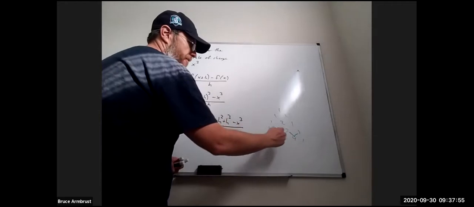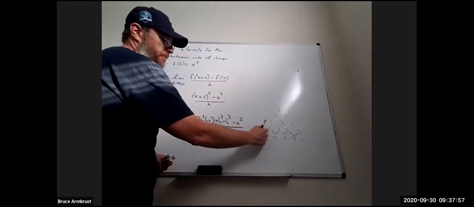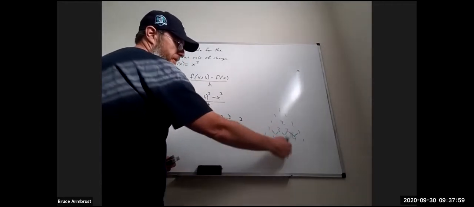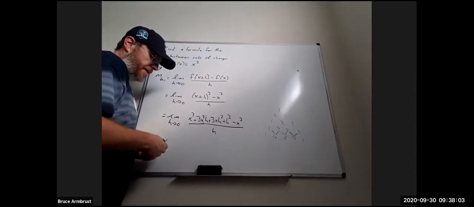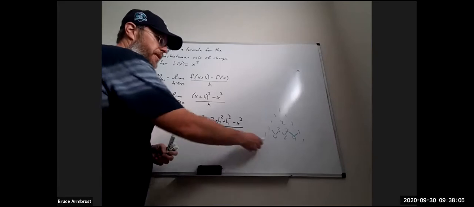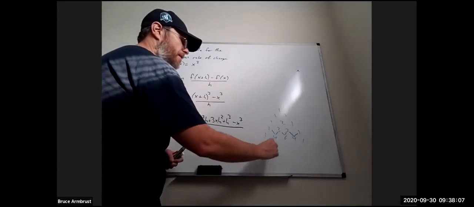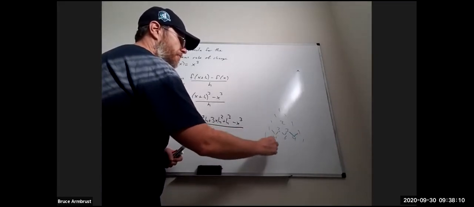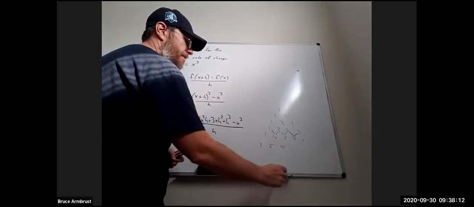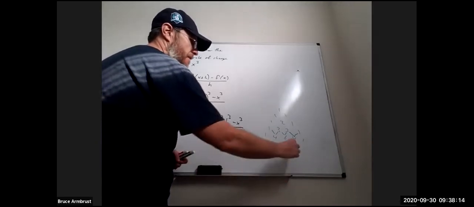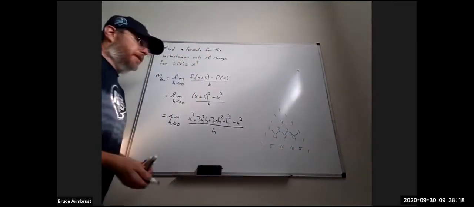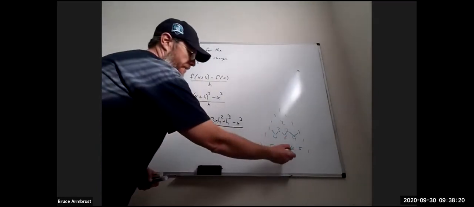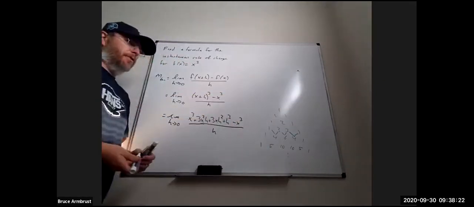Looking at this row, notice that the 4 is 1 plus 3, the 6 is 3 plus 3, this 4 was 3 plus 1. You can create the next row the same way. So this next row is going to start with a 1, then we get a 5 because that's 1 plus 4, then a 10, 4 plus 6, 6 plus 4 is another 10, 4 plus 1 is a 5, and then a 1, and so on and so forth.